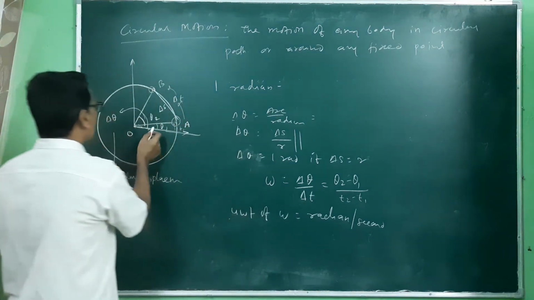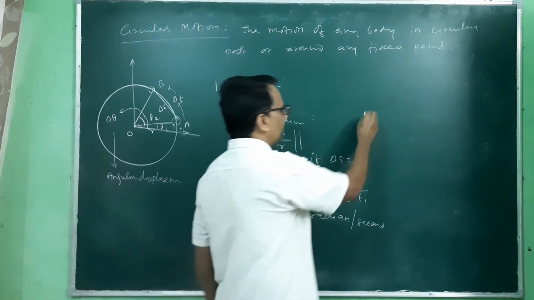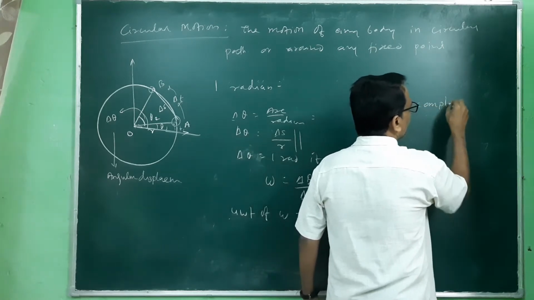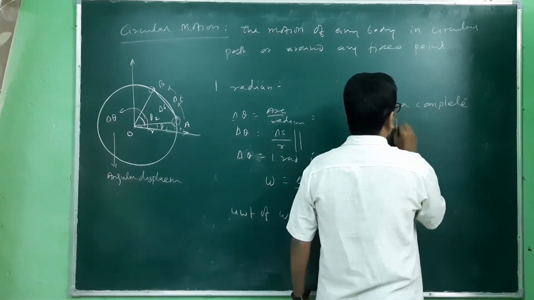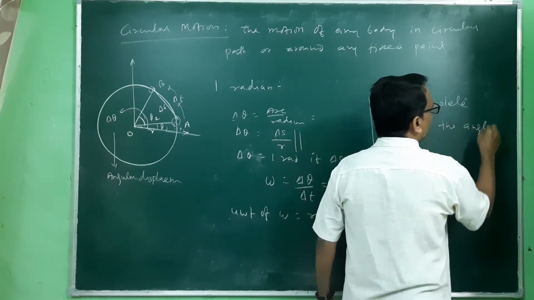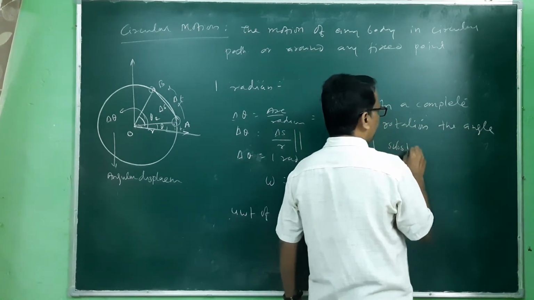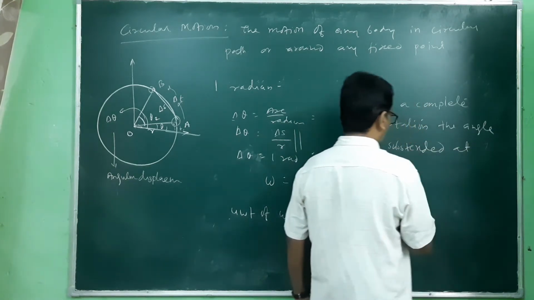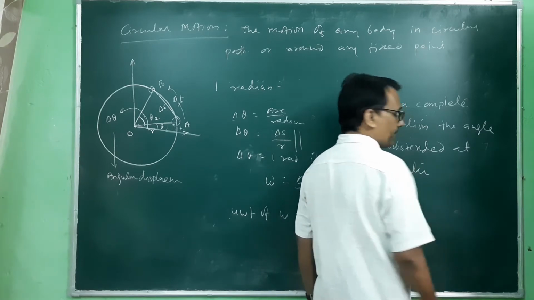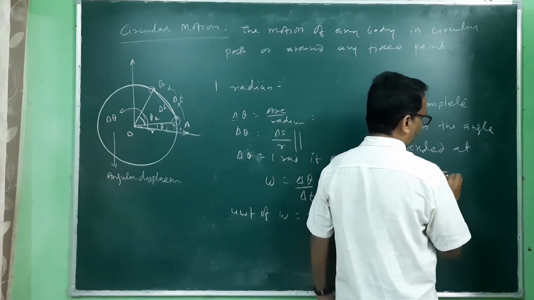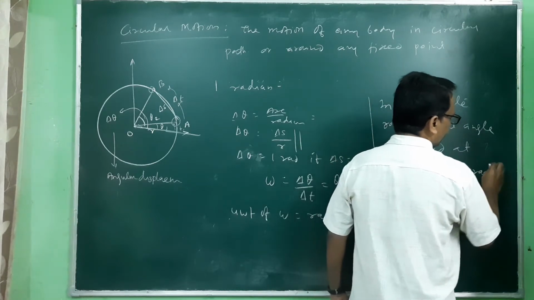So in a complete rotation, the total angle subtended at the center of the circle is equal to 2 pi radian.